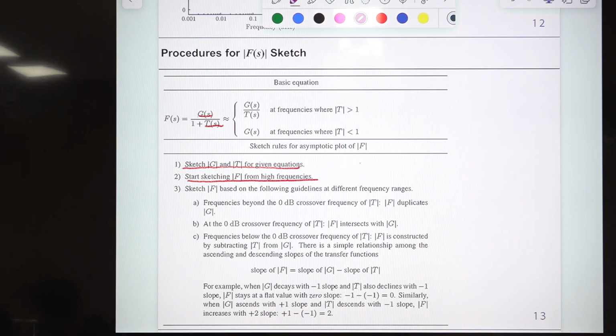Suppose this is the frequency, then this is log scale, this is linear scale, then you go in this direction, okay? From the other way around, from high frequency to low frequency, you move in this direction, okay?